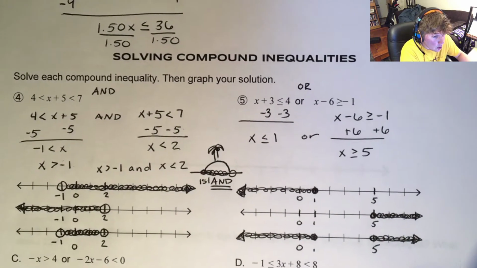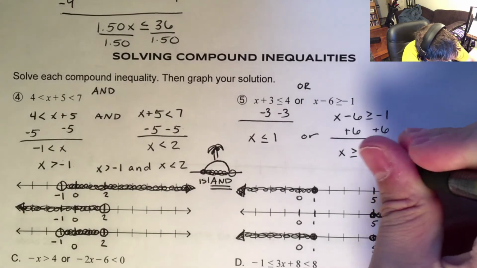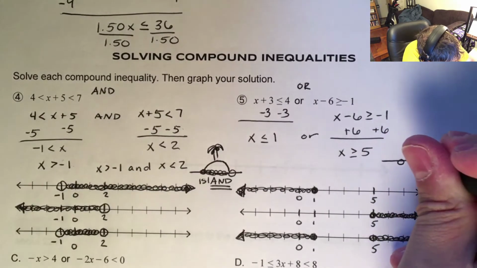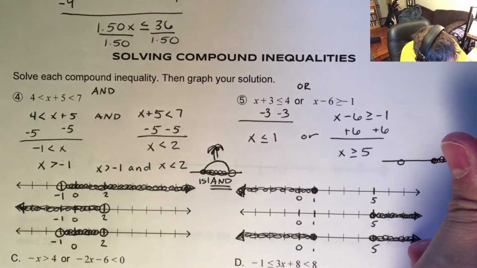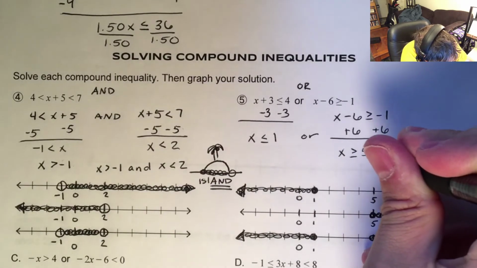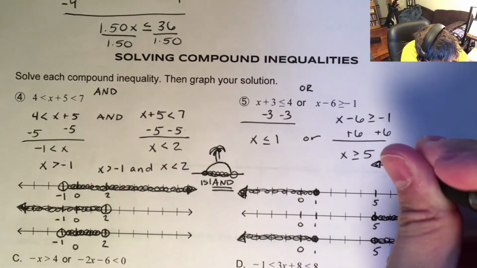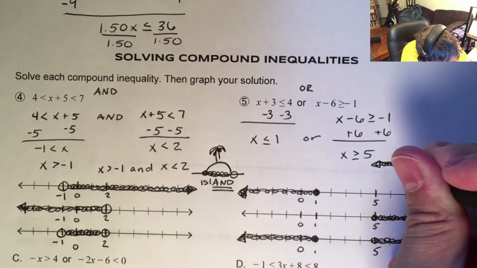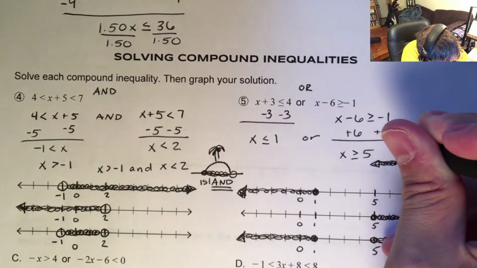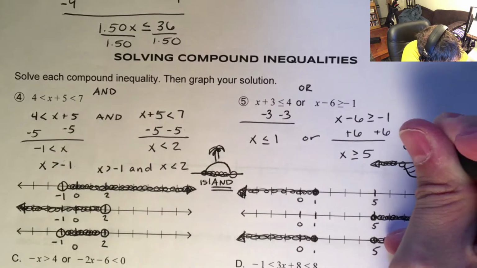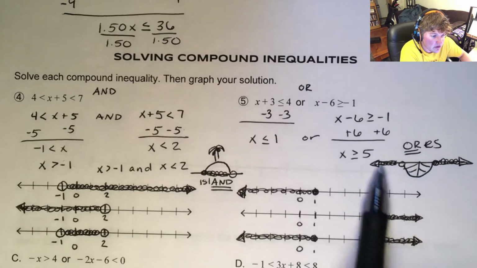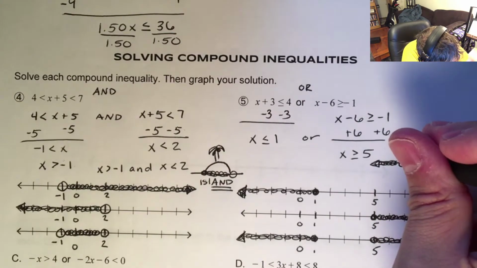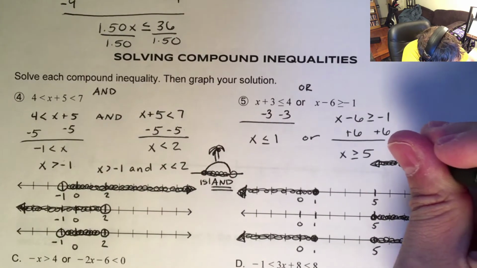Where or inequalities, these ones are going to kind of shoot outwards. And what are those going to create? Those are going to create the oars on a boat. So if you can imagine this being kind of a pretty terrible boat, maybe with a little sail in it.